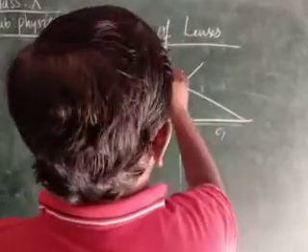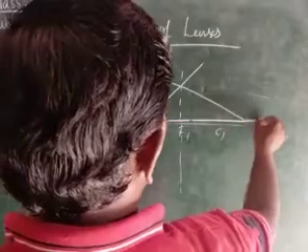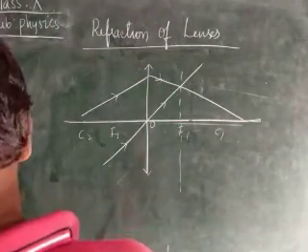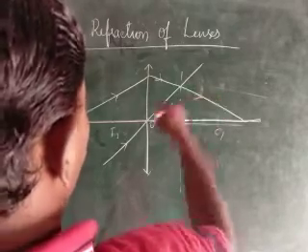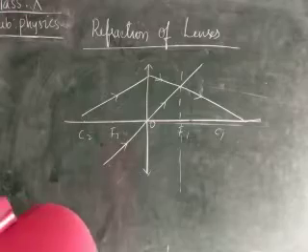This is the figure, children. It should intersect at the principal axis. This is the example problem given over here.